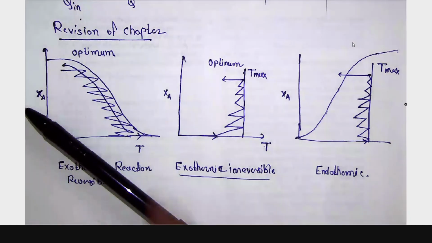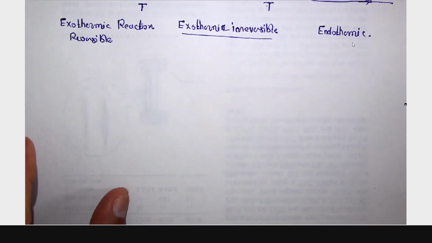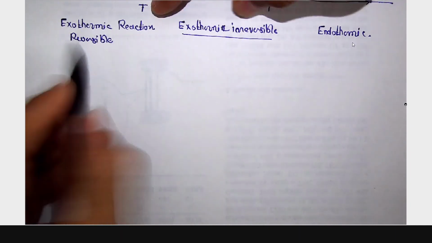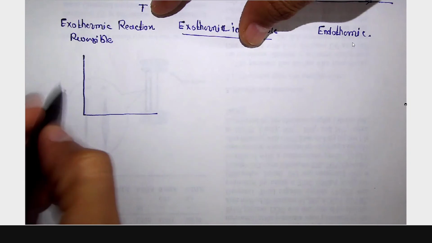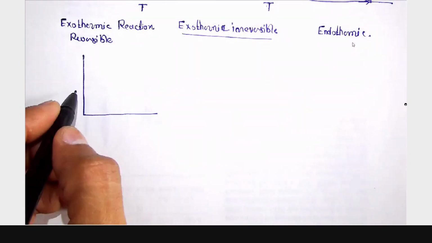So various configurations can be used to design a catalytic reactor, and that is basically based on the 1/RA versus XA curve.